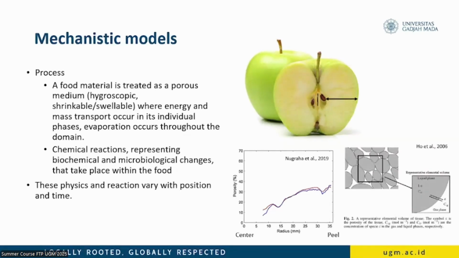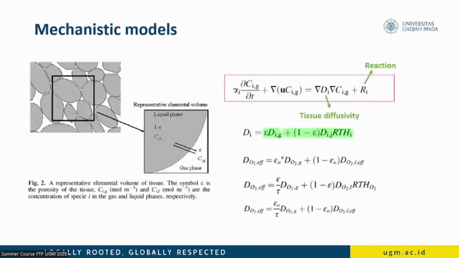So it's heterogeneous. The structure is not the same in the entire apple. This is a mechanistic model where you need to implement the gas transport with the diffusion that takes into account the variability of the tissue microstructures.